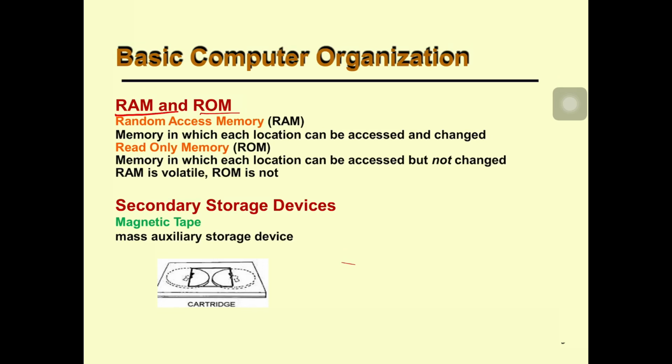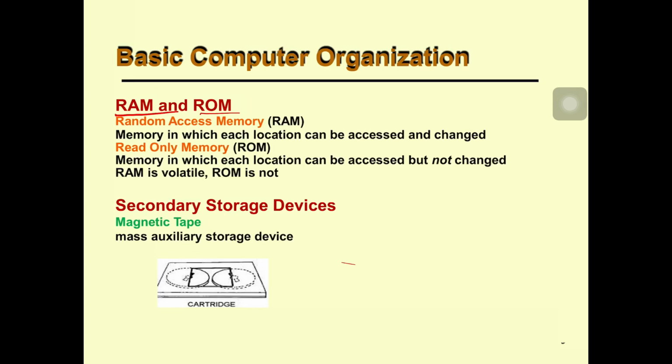If you are doing some work and the power cuts off, RAM will erase the data present in it, whereas ROM will not erase the data. Volatile means the data erases during a power cut, and if it doesn't erase the data at the time of a power cut, it is non-volatile.